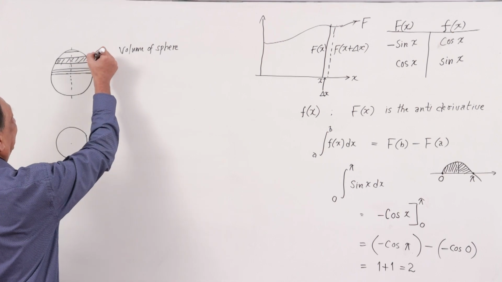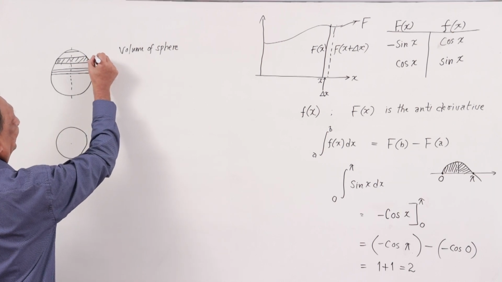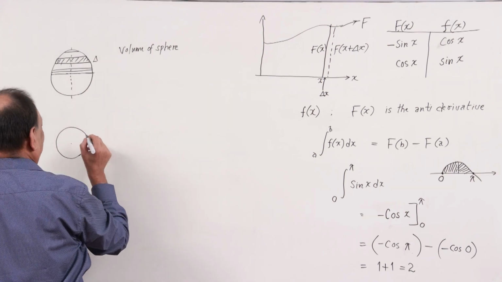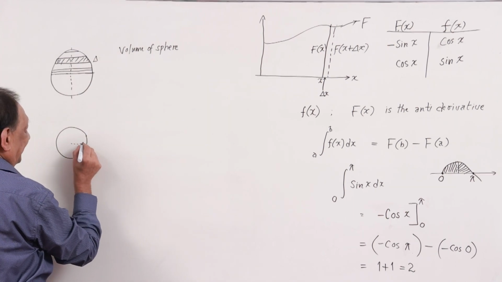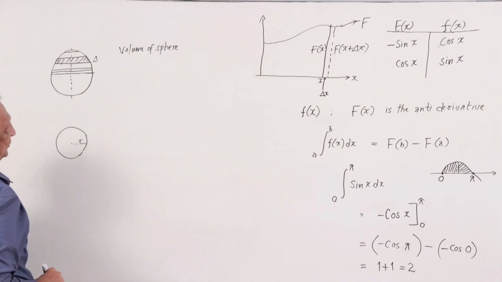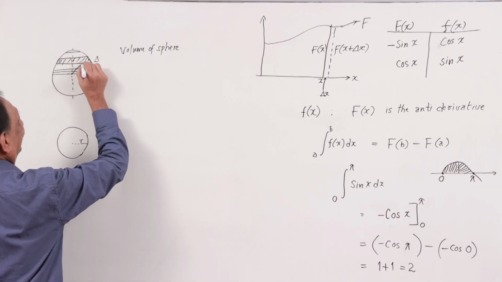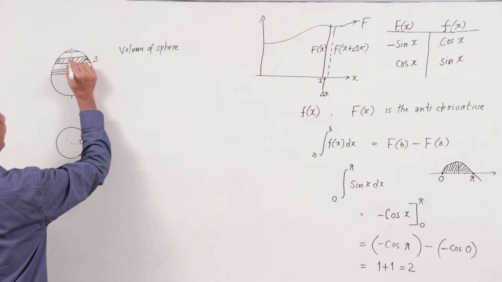So the question is, what is the thickness of this disc? We can take it as delta x or delta y, anything. Here, actually, you are interested in the radius. What is the radius of this disc? So we draw a right angle triangle.